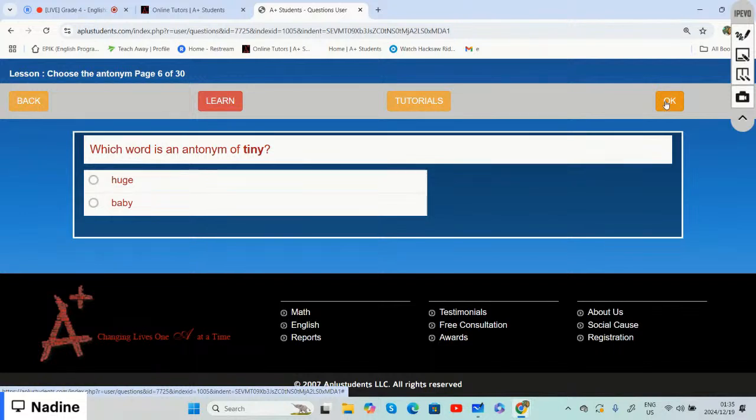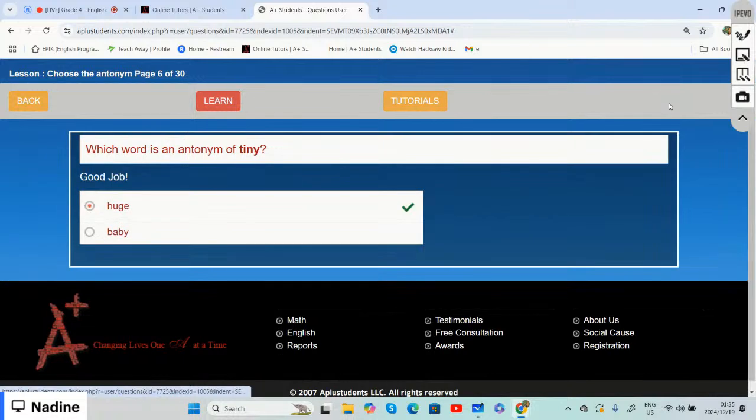Yes, and the opposite of tiny is huge. Well done.